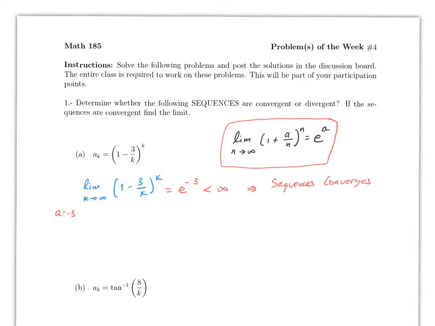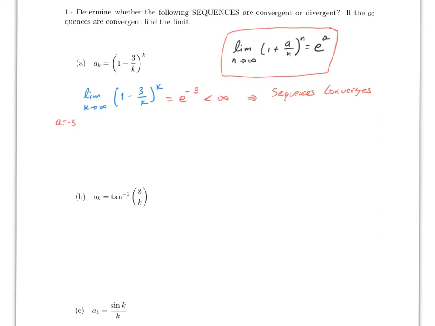All right, part B, if we take the limit as k goes to infinity of tangent inverse of a over k, this is the same thing as tangent inverse of the limit as k goes to infinity of a over k, which is the same thing as tangent inverse of the limit of this, which is 0, and tangent inverse of 0 is 0.